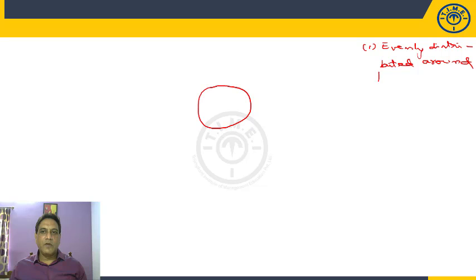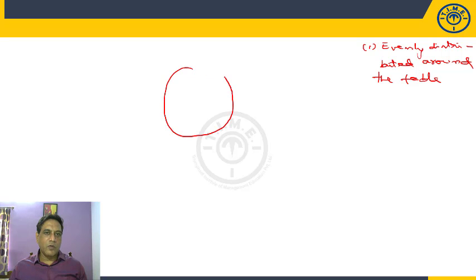What do we mean by evenly distributed around the table? It means that if there are 8 persons, we should not take all the 8 at one place like this. Evenly distributed in the sense, we have to take them at equal distances.